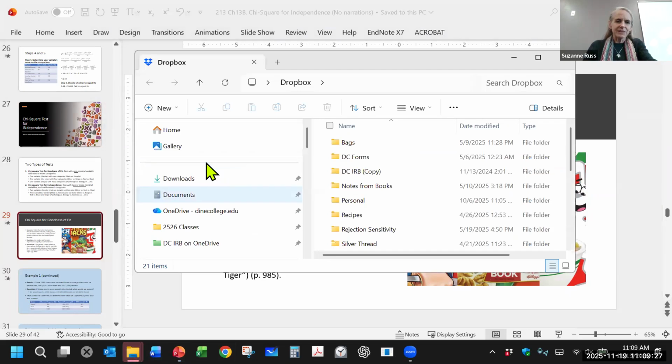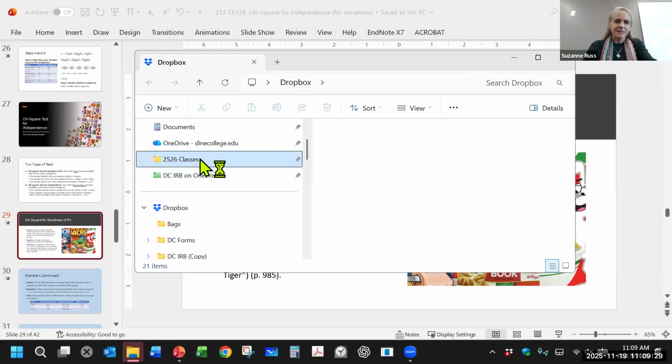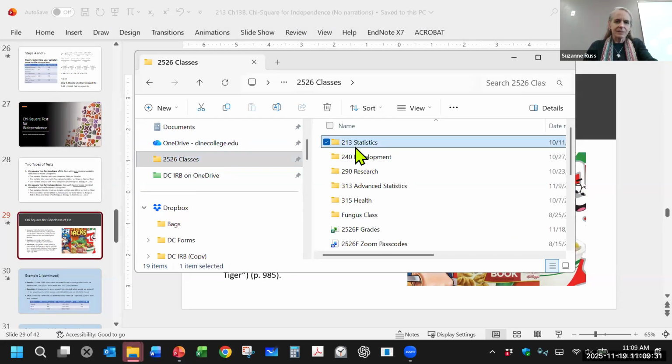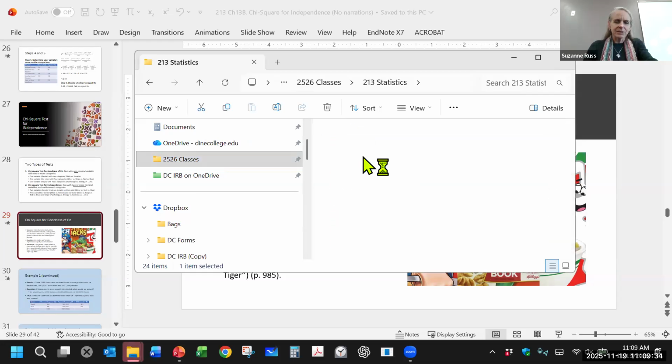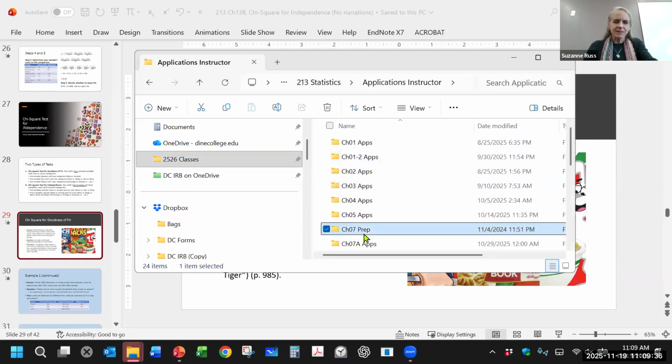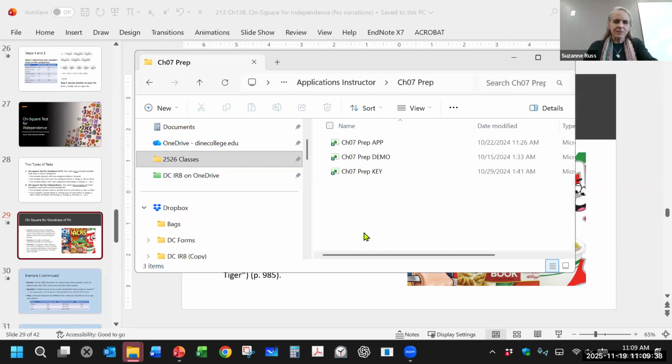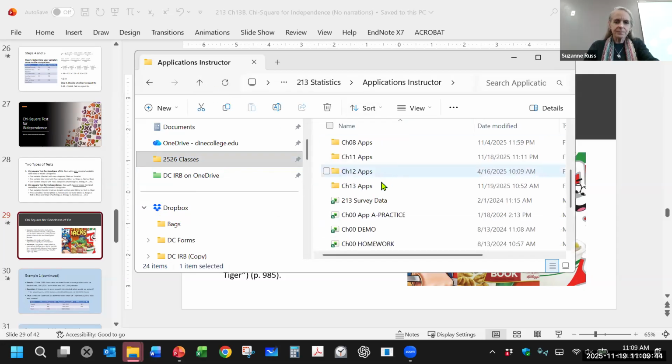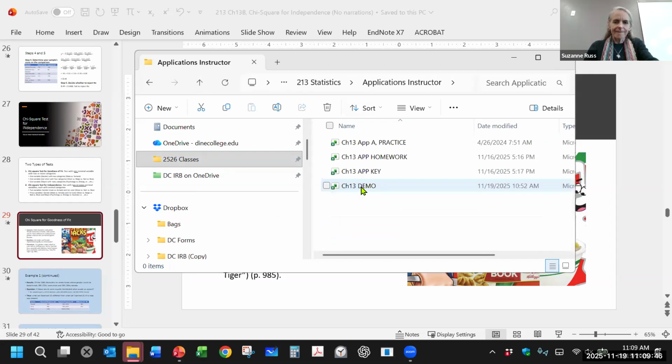Here's my folder. Here is my classes. Here's this class. Here's where I usually keep the applications. Let's just see if this one's, okay, that one's coming up now. So let me go down to chapter 13. Okay.